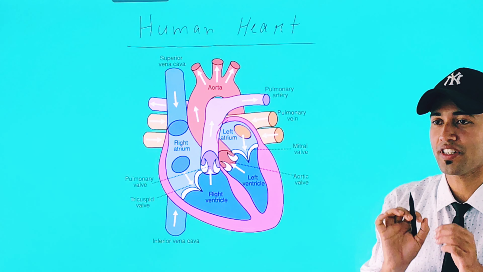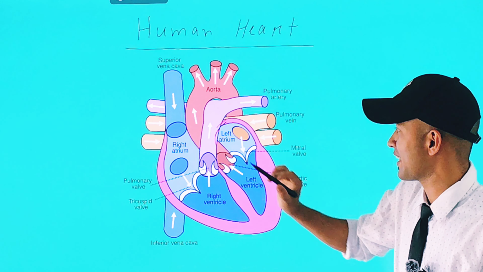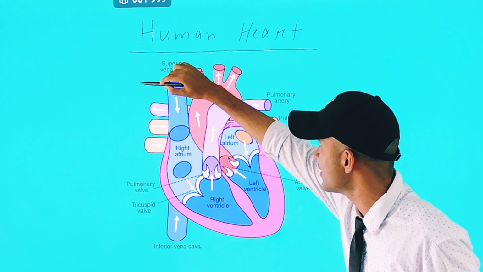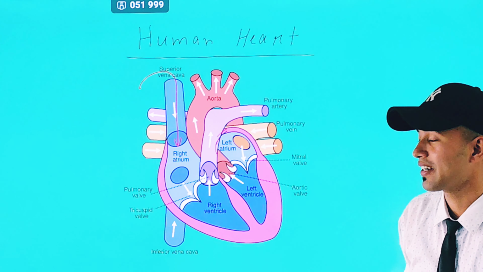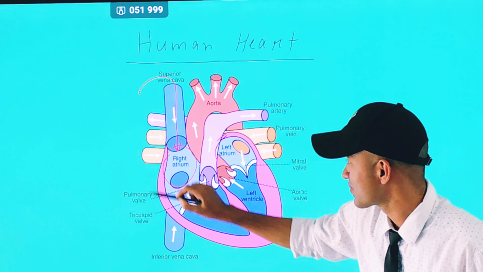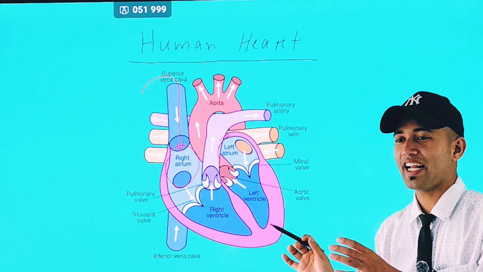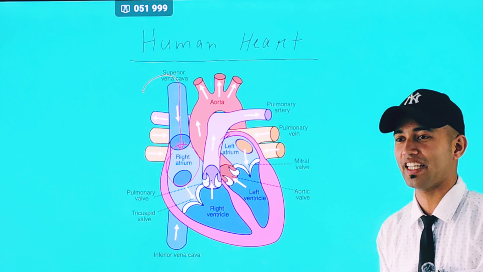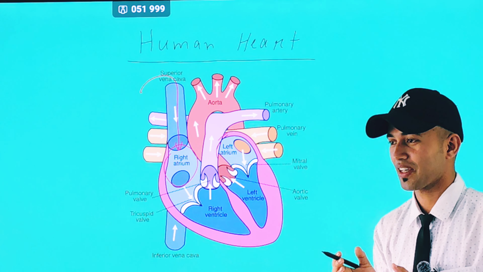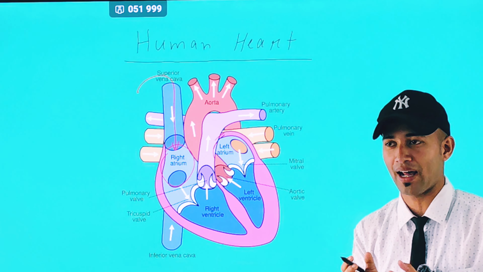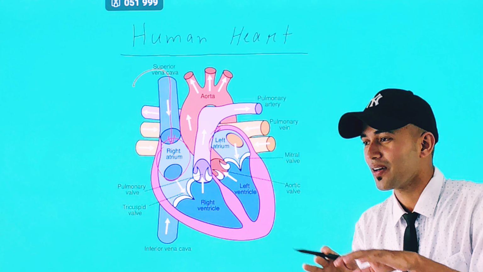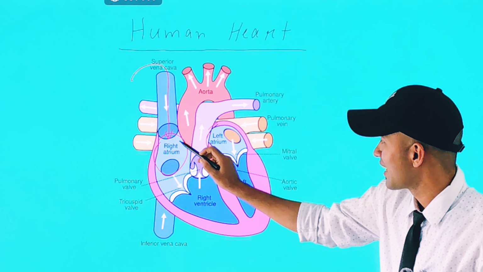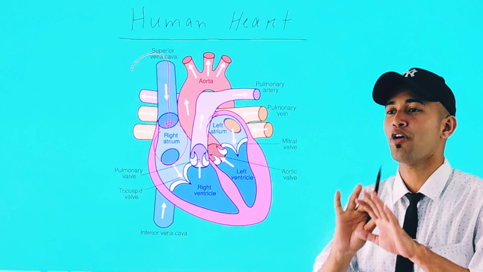So the deoxygenated impure blood enters our heart in the right atrium. Now this right atrium does not have much function. It just receives the impure deoxygenated blood and sends it to the ventricle.